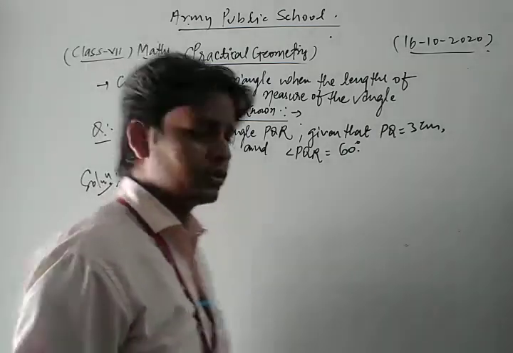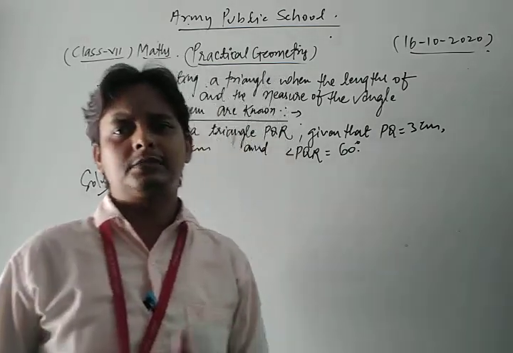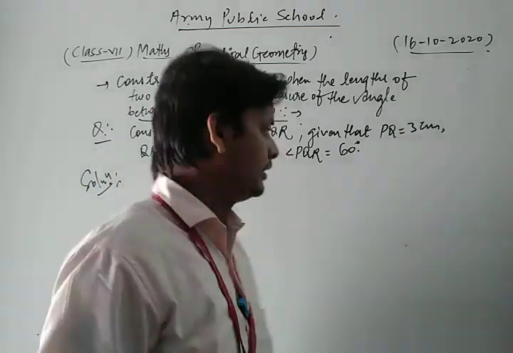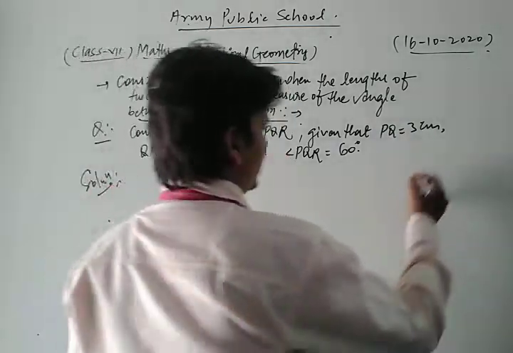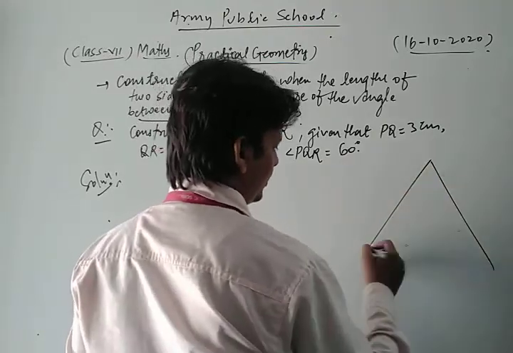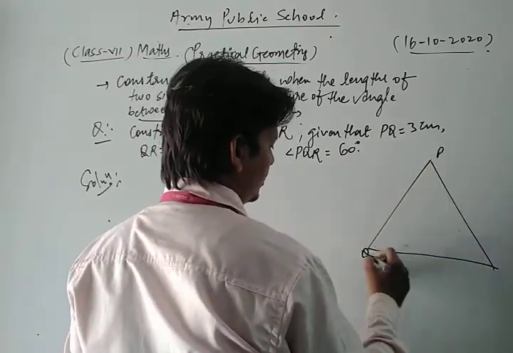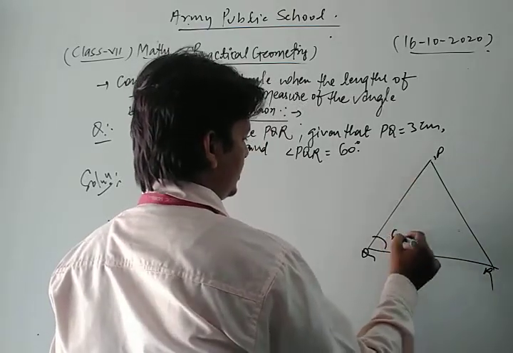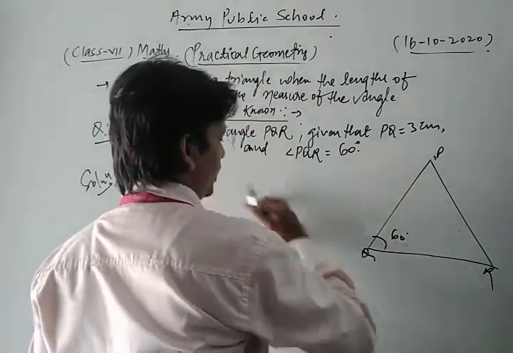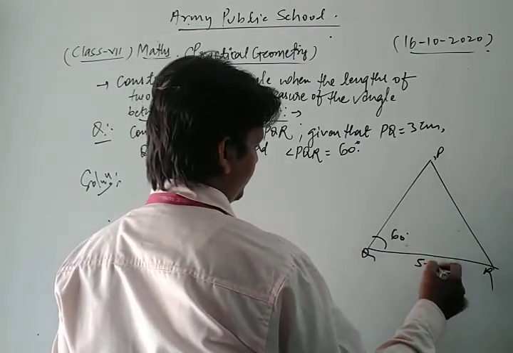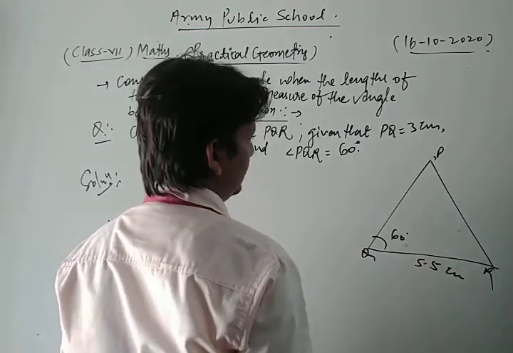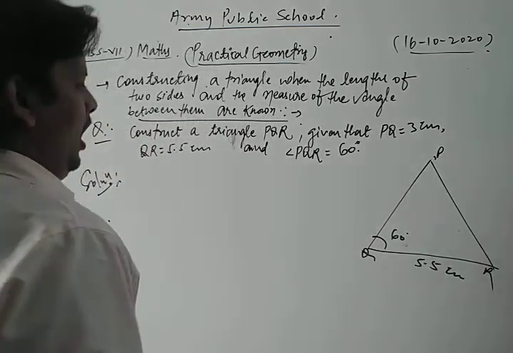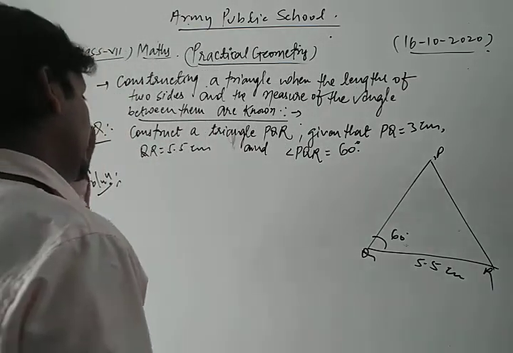Dear students, in this type of question, first of all we draw a rough sketch. Let's see, we draw the triangle PQR. Suppose that this is angle PQR, in which angle PQR is 60 degree, QR is 5.5 centimeter, and PQ is equal to 3 centimeter.